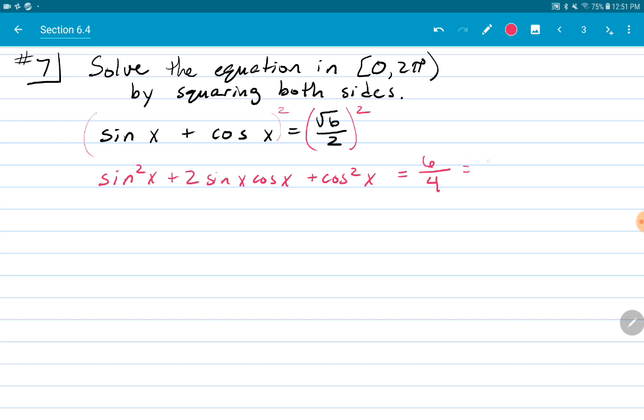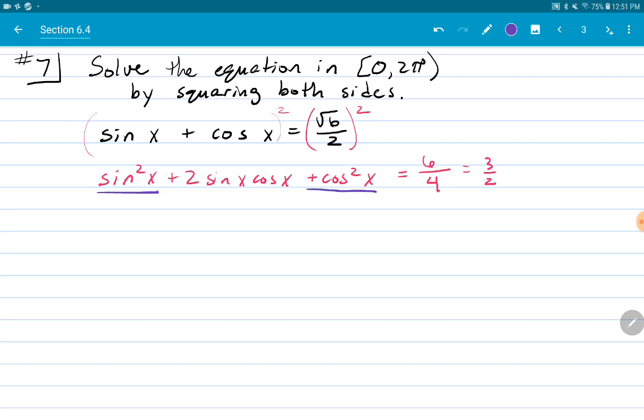So the right side I'm going to reduce down to 3/2. And looking on the left now, I see sine squared plus cosine squared. Those will equal 1.